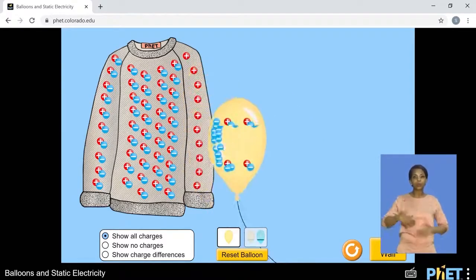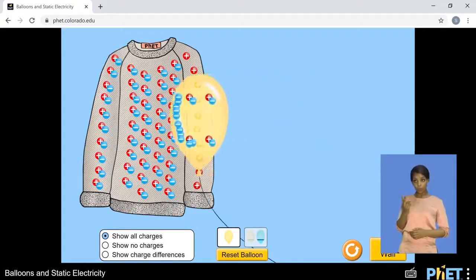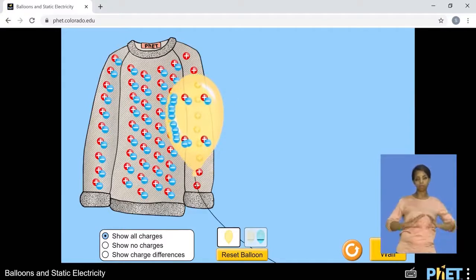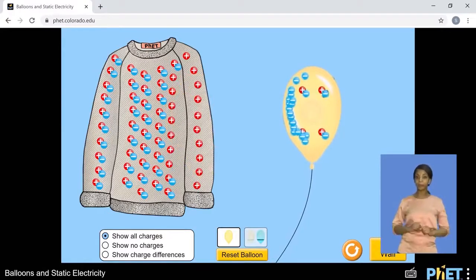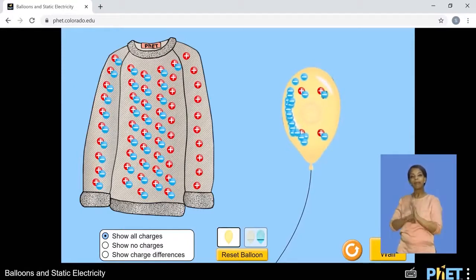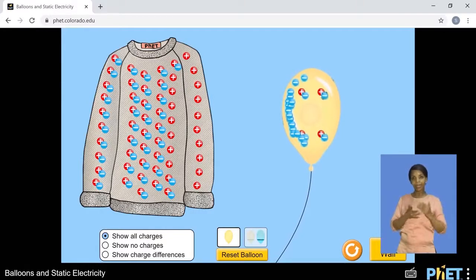Just look at that, okay? Look at the changes that have happened, and observe the force that the jersey exerts on the balloon and vice versa. Now, if we pull this balloon away and try to analyze it, you'd realize that there are now many more negative charges on the surface of the balloon than it initially had. So the conducting material, which is the jersey, had some of its negative charges transferred to the balloon.